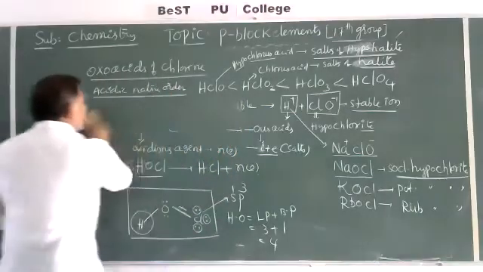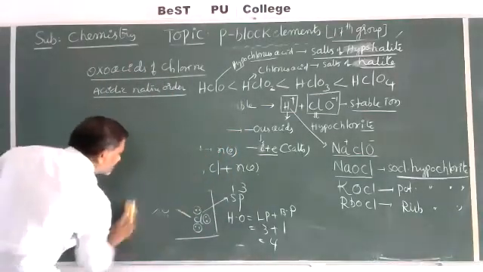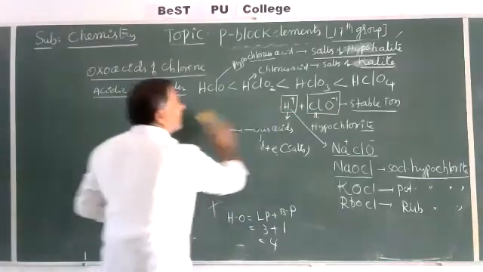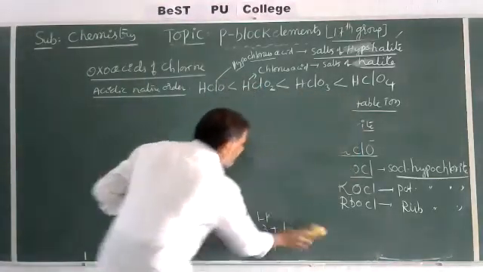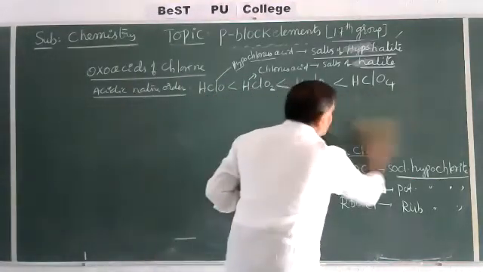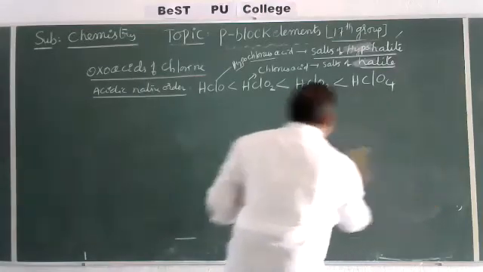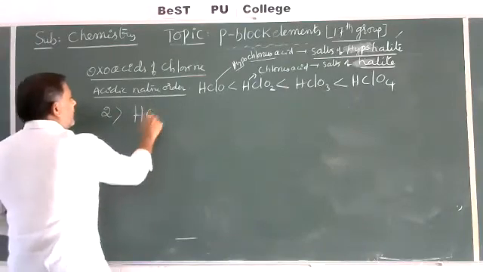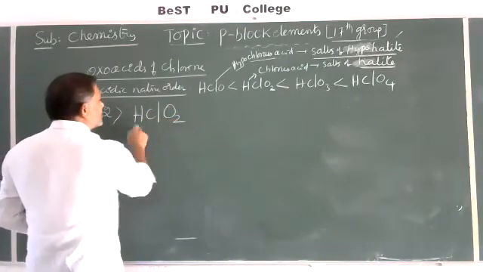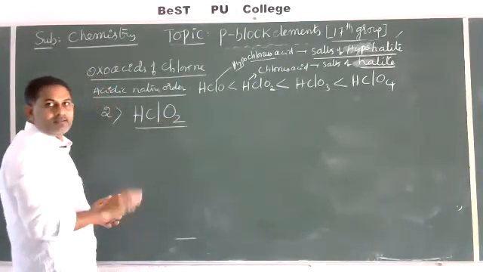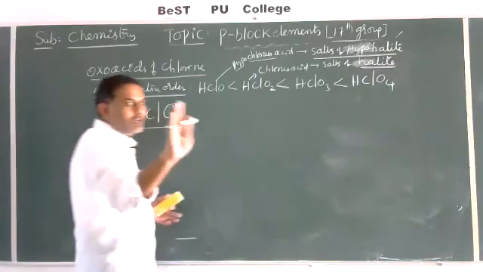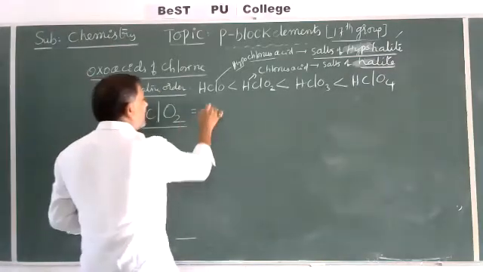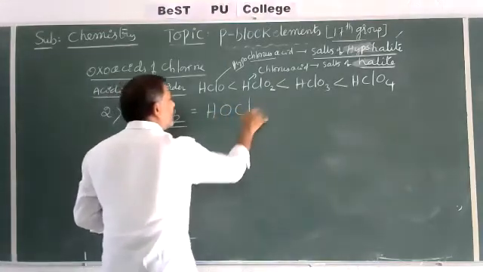The next important compound is among the oxoacids of chlorine. The second one is HClO2. We can write it here as HOClO.